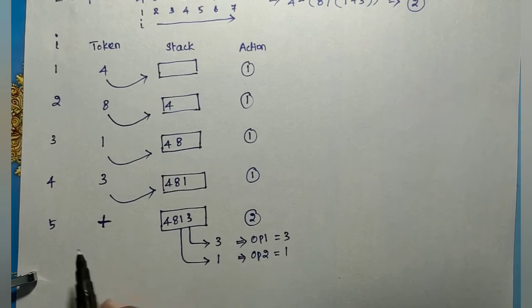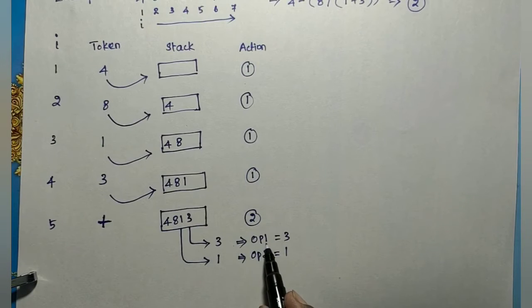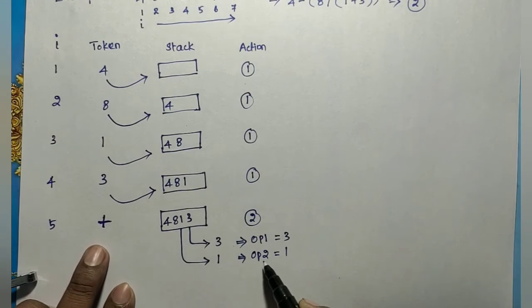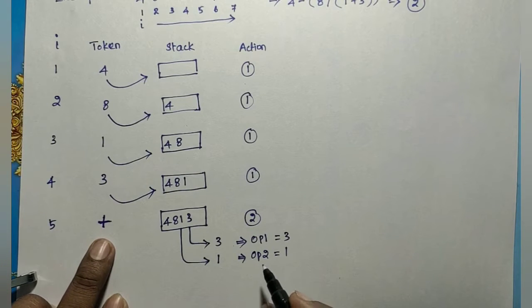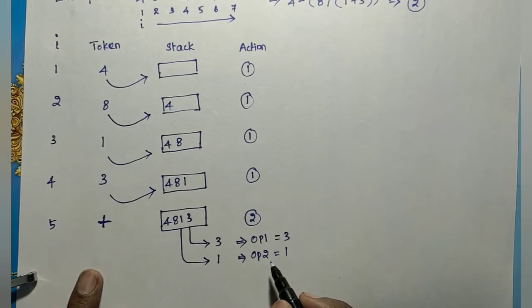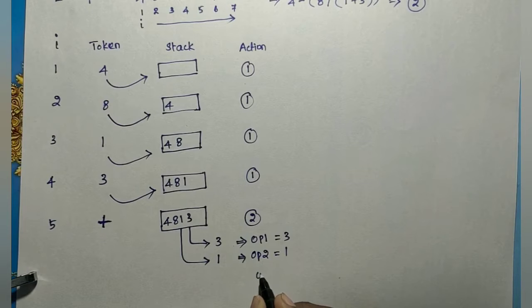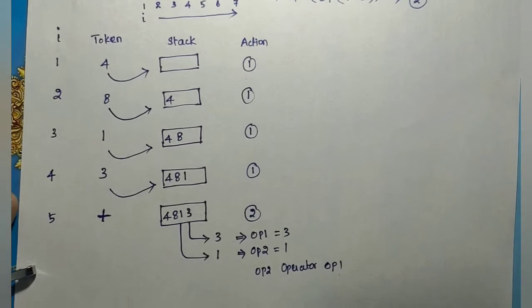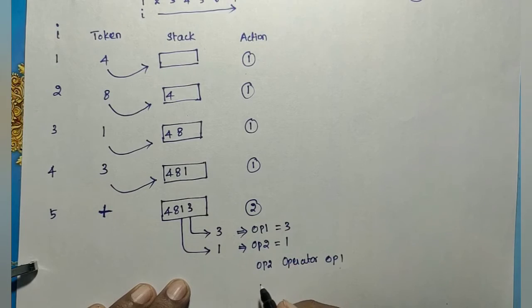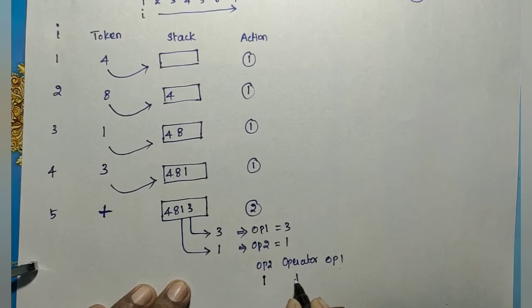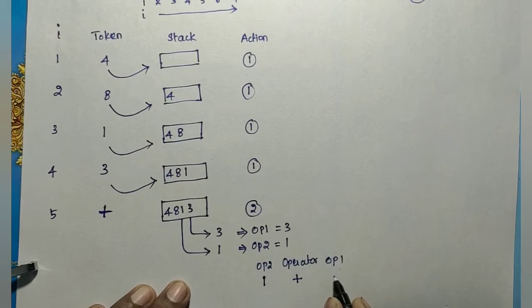In this case there is no change. We can also use OP1 plus OP2. But as per the algorithm, we should perform that operation with OP2 as the first operand and OP1 as the second operand. So we need to perform OP2 operator OP1. Here OP1 is 3, OP2 is 1, and then plus.